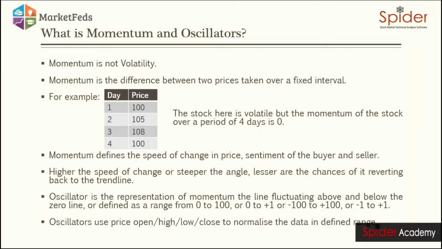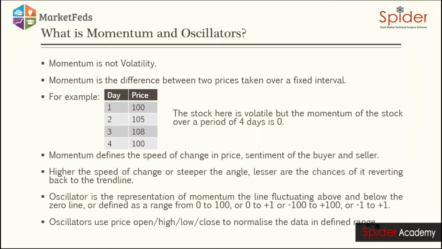So by momentum, we define the change in price over the fixed interval. Momentum defines the speed of change in price, that is the sentiment of the buyer and seller. So we can say here that even after 4 days, the sentiment of the buyer or the seller has not changed. It is still valuing the stock at the same price.